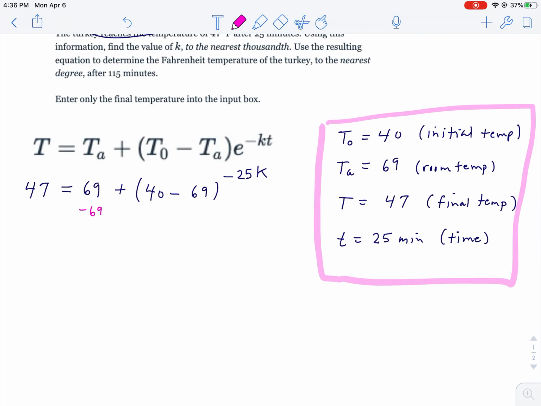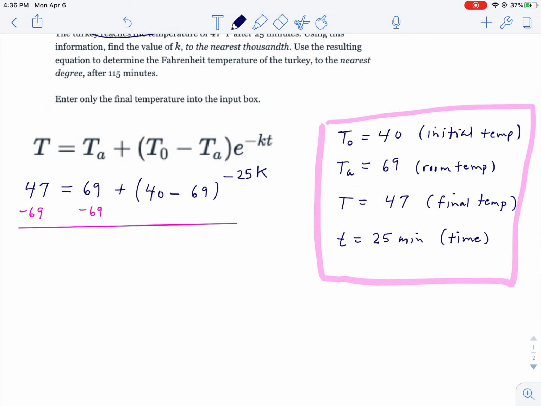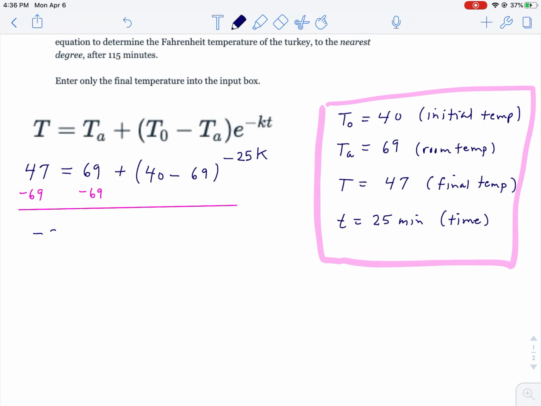You want to subtract 69 from both sides. Of course, if we subtract 69, we'll get negative 22 on the left. Of course, we could add up these, 40 minus the 69. That's going to be negative 29 on the right.